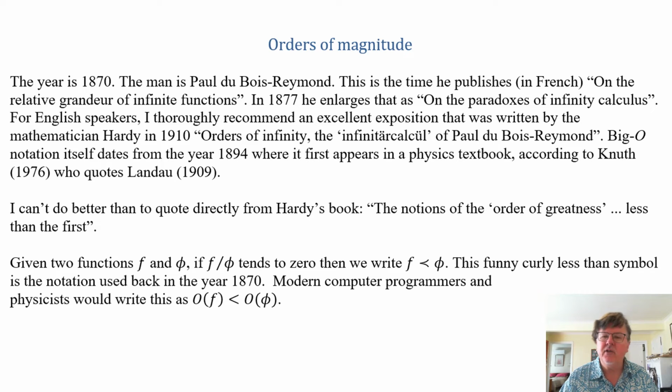The order of magnitude symbol itself, big O notation, dates from the year 1894, where it first appears in a physics textbook. In introducing this, I can't do better than to quote directly from Hardy's book.